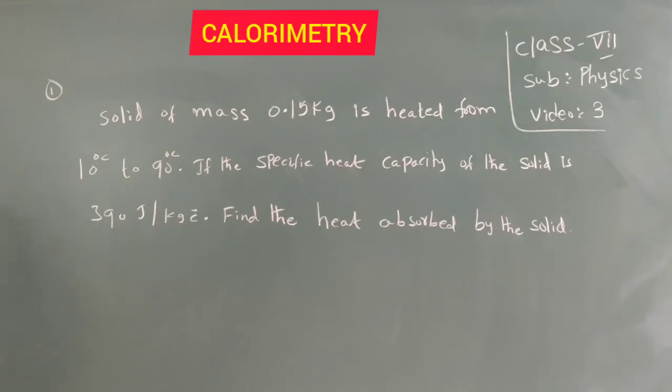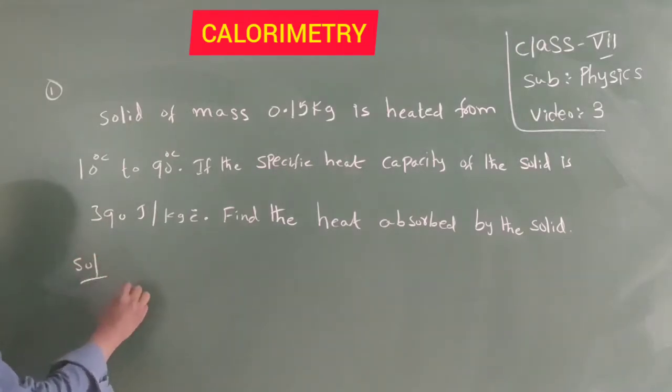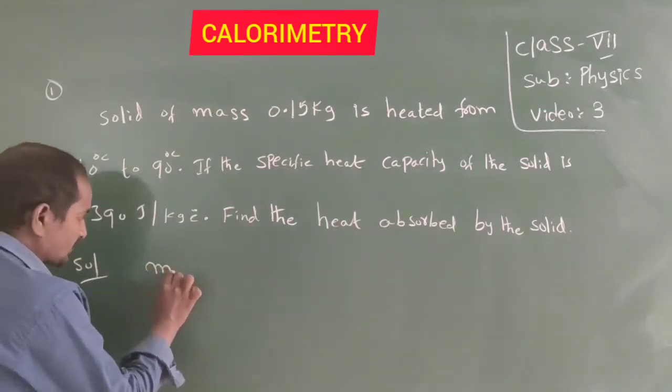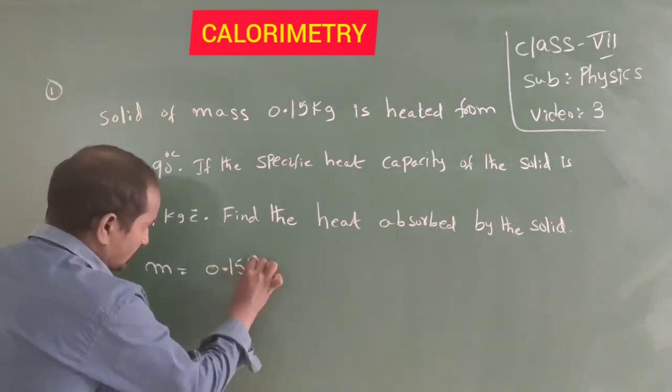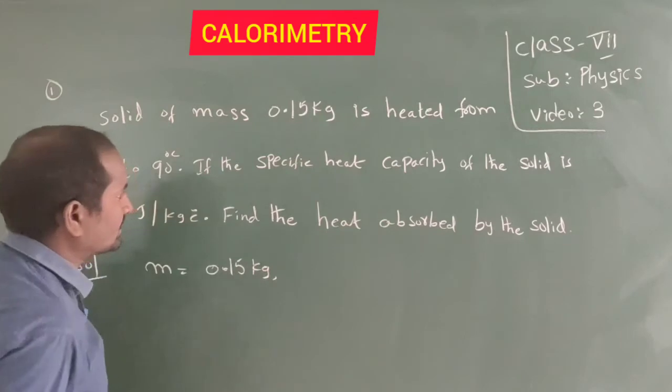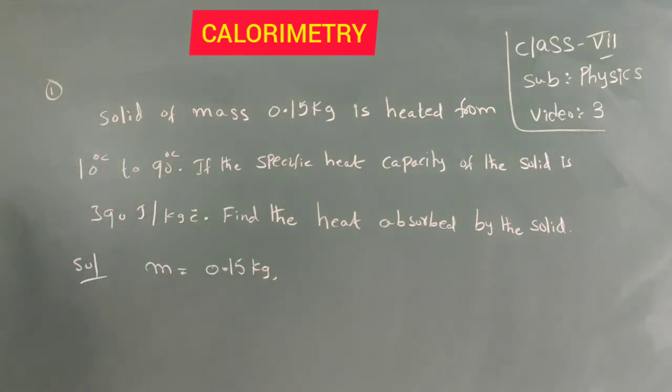Okay, so here what are the given values here? Mass is given, so here mass equal to 0.15 kg. Next, heat absorbed by the body means the temperature of the body will increase.